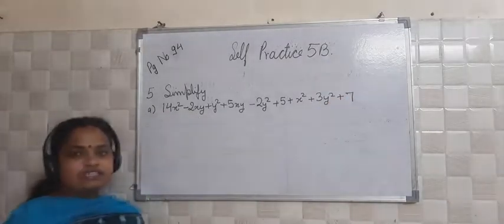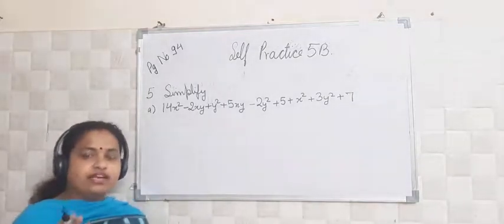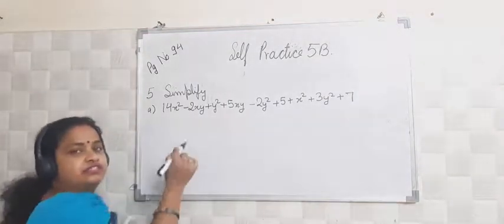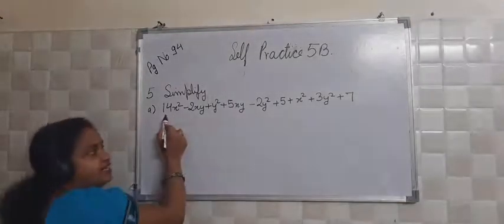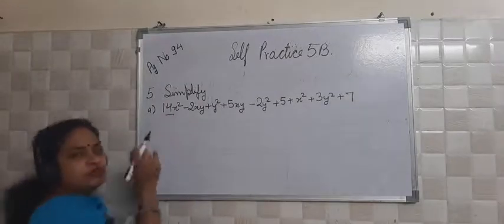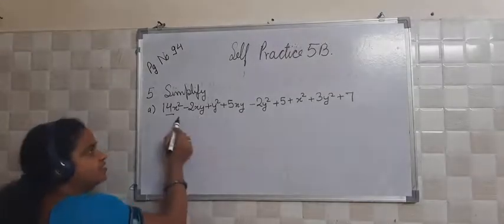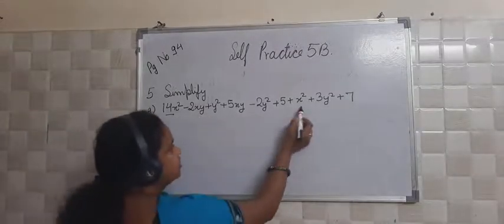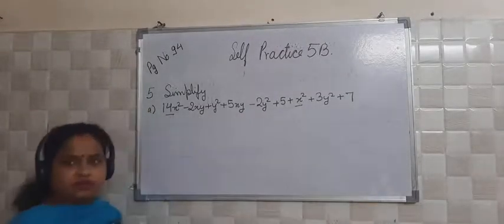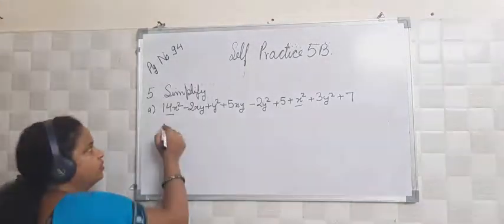Now what I have said here, you will take variable part together. So here you see first one is 14x square and now just put a small line for your easiness. So now see where x square is there in the whole expression. It is here. Okay. So what you will write?